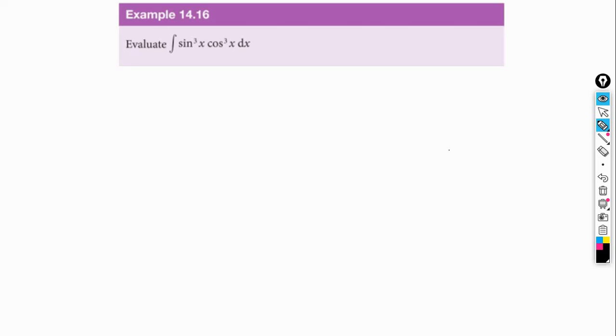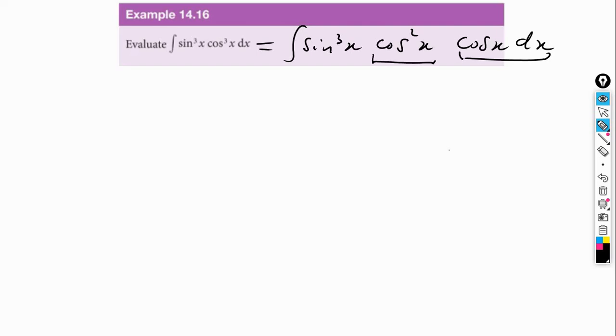How so? Well, notice that we can rewrite this. We can say that this is equal to the integral of sine cubed of x times cosine squared of x times cosine of x dx. So I'm going to use this as the derivative part. And I'm going to do u substitution. But first, I need to convert this into terms of sine.